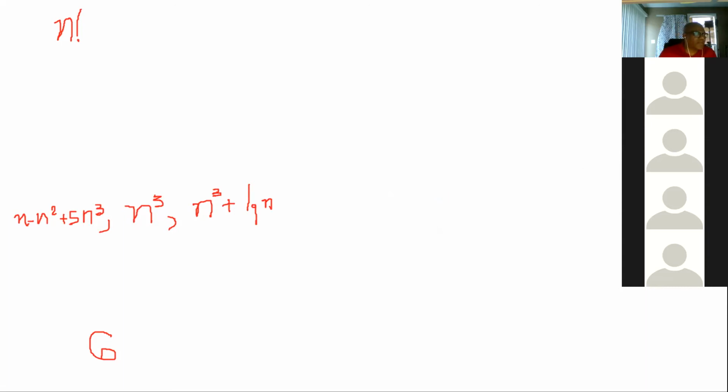Next, we know that n squared behaves better than this line, cubic. Yes, sir. So how many terms do we have with n squared? Only one?